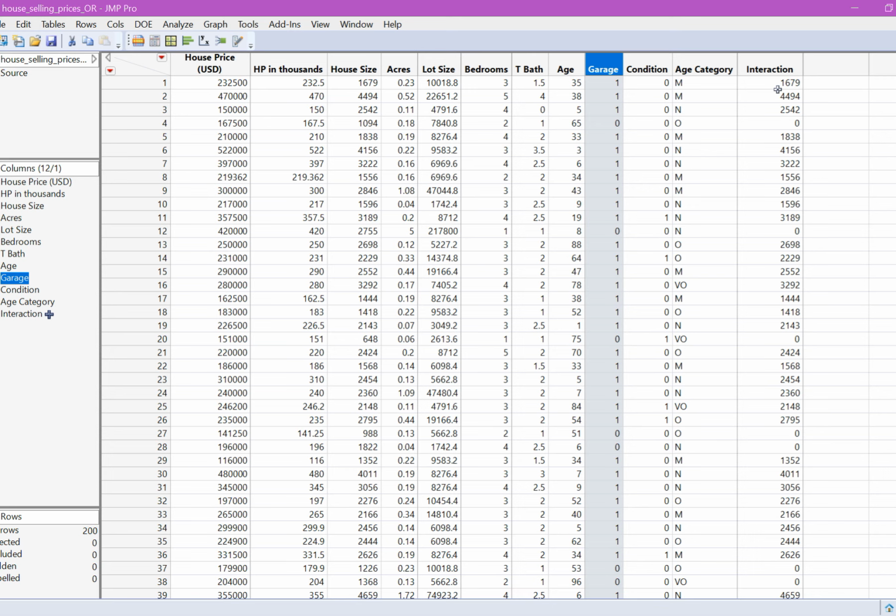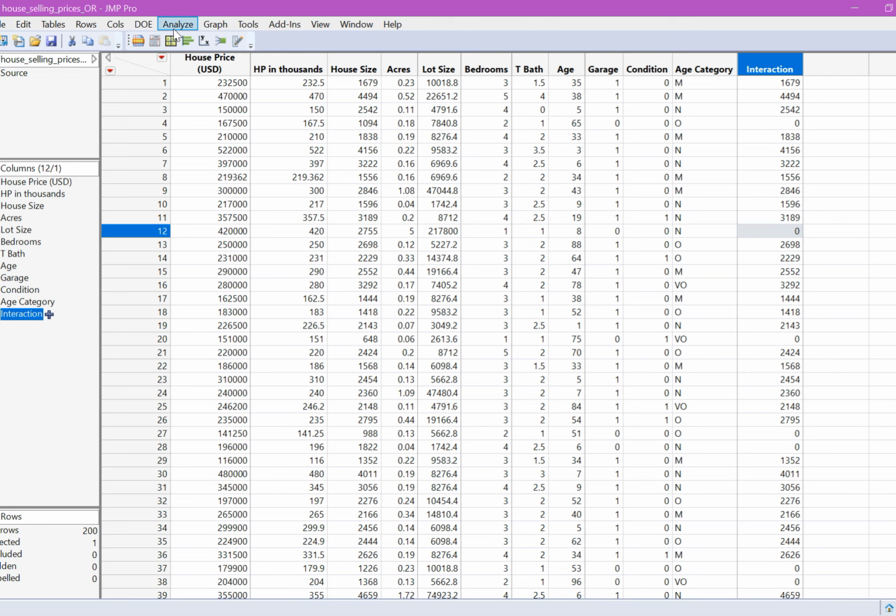Again, if I had this as categorical data, I would not be able to create this interaction term because I can't multiply by categories, but I can multiply by numbers. Down here, home number 12 has a house size of 2,755 square feet. It does not have a garage, so 2,755 multiplied by 0 gives me 0. Again, this has to be numeric data, otherwise I can't multiply.